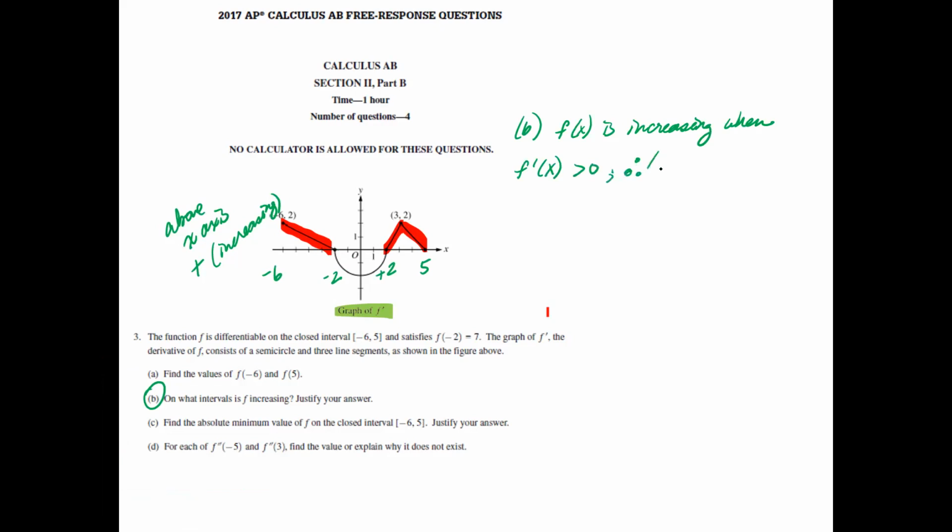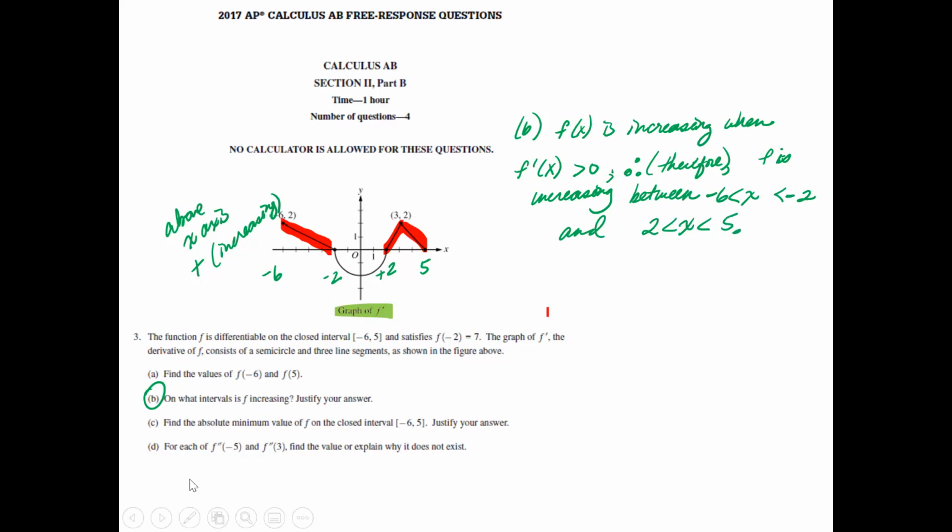Then you could put your 3 dots, which means therefore f is increasing when the x value is at -6 or greater than -6 to -2, and in between +2 to +5. And that's how you would answer B. And whenever they say justify your answer, make sure you're writing in sentences with words.